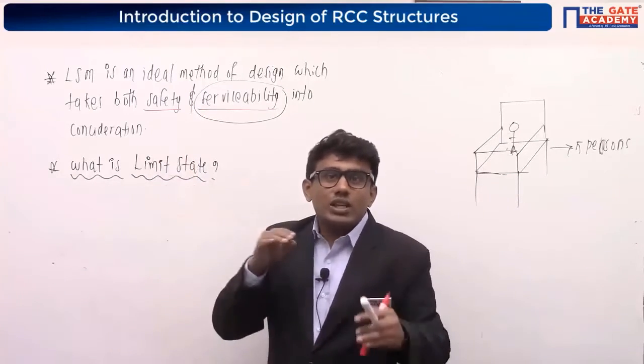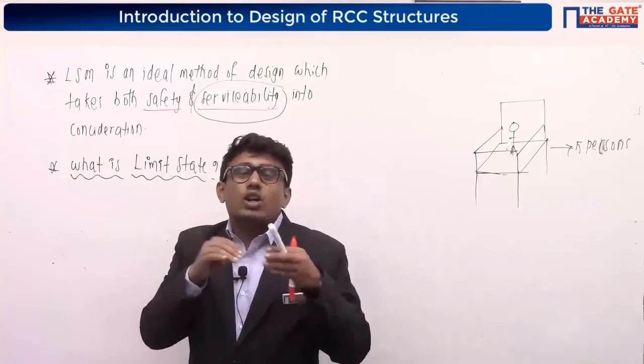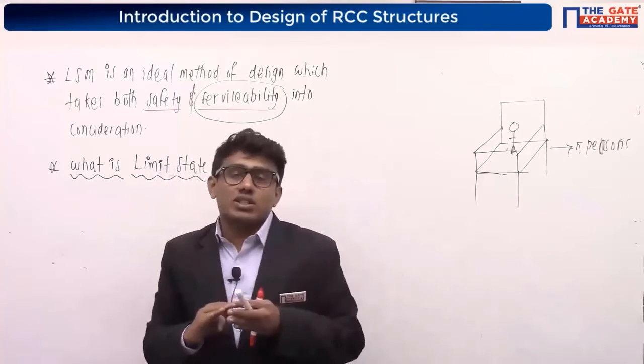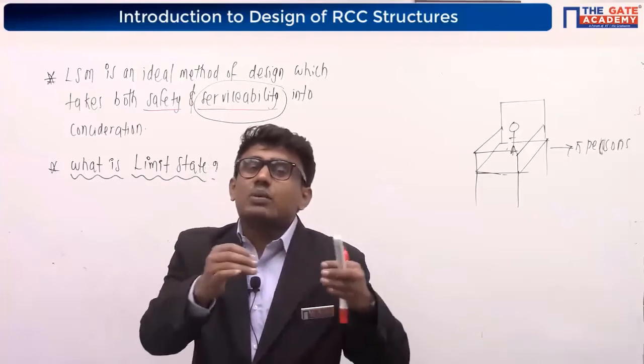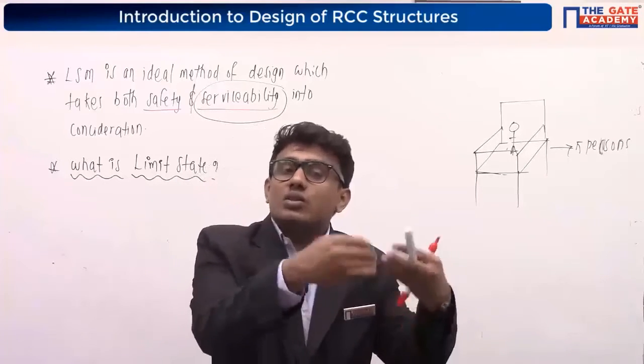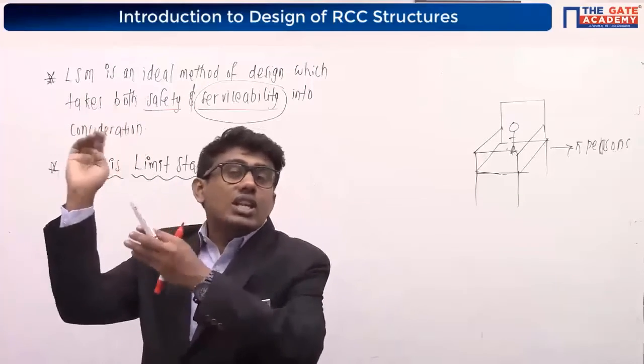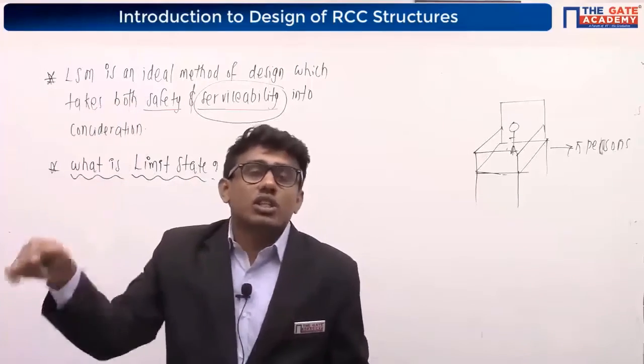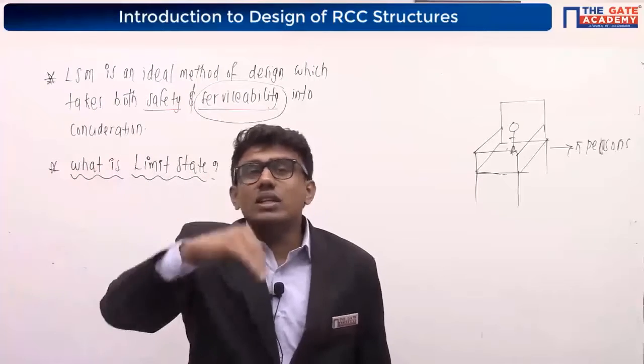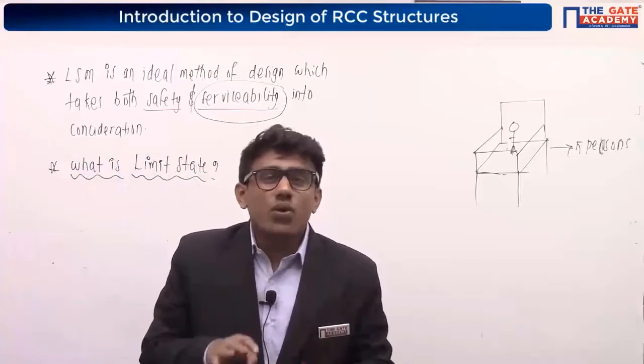So for a safe and serviceable structure, we are limiting some things. We will limit the load acting on the structure. We will limit the deflections, deformations, vibrations, etc. in the structure within a certain limit. That's the meaning of our limit state.